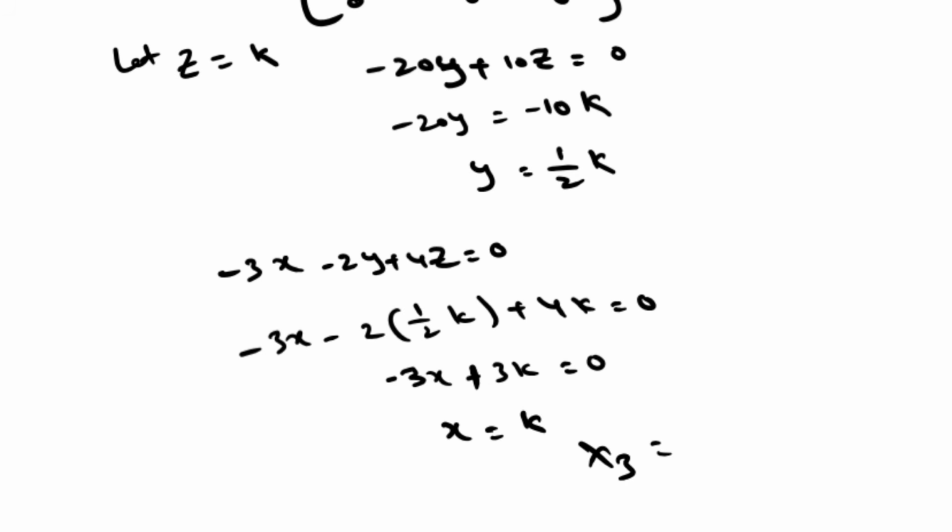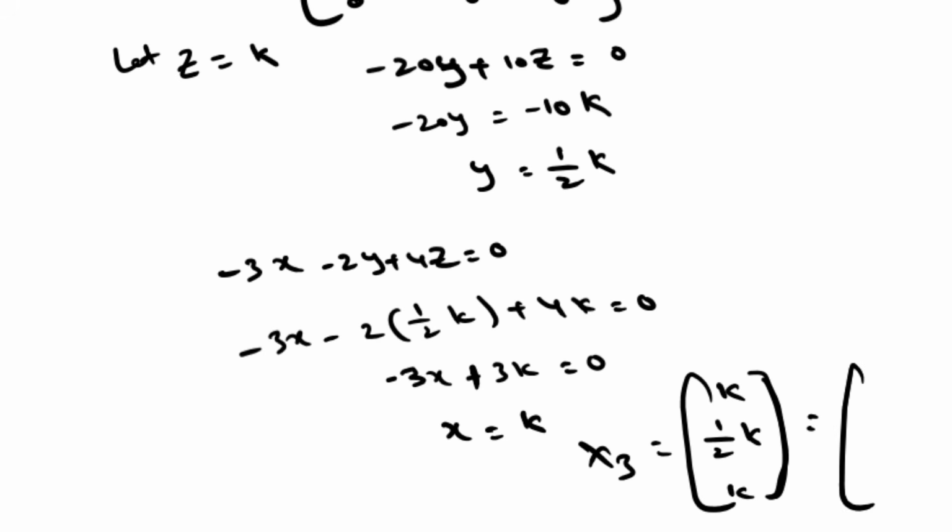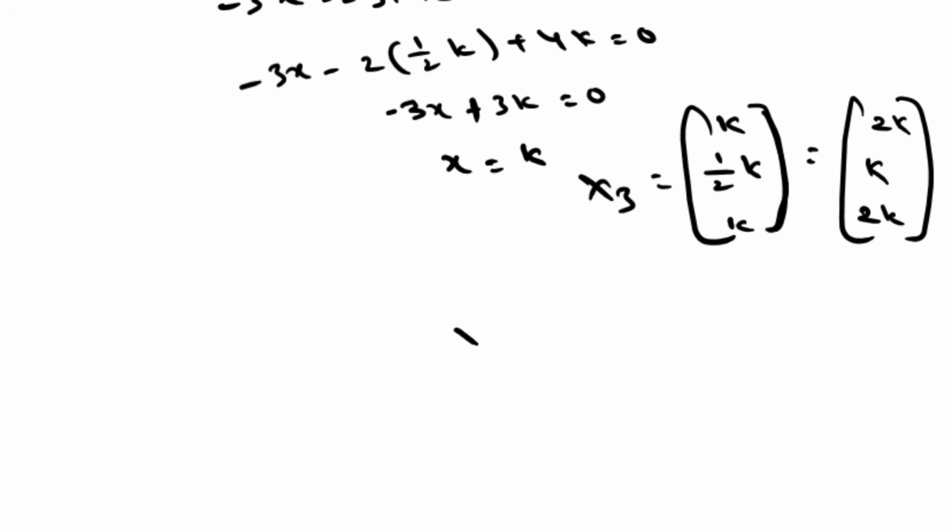Now corresponding to that, the values are k, 1/2 k, k, which is 2k, k and 2k. Therefore X3 is equal to (2, 1, 2) into k.